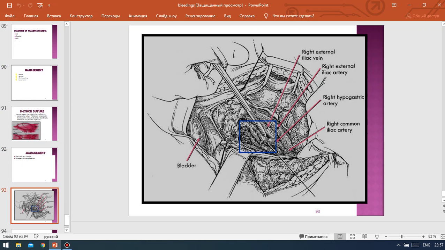In this picture we find the uterine arteries, the hypogastric artery and the right common iliac artery, and they make a ligature for prevention of bleeding.